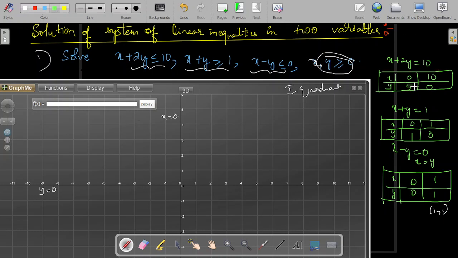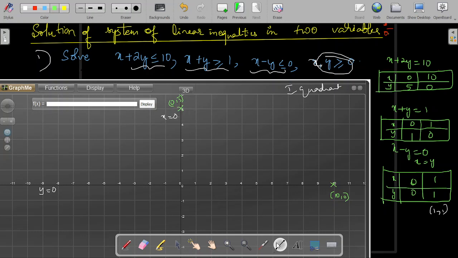So first, x plus 2y: 0, 5 comes here. This is the point 0, 5. And another point is 10, 0. This is the point 10, 0. Now you have to join these 2 points by a dark line. That is because you have the slack inequality. Slack inequality means the points on the line are also solutions.